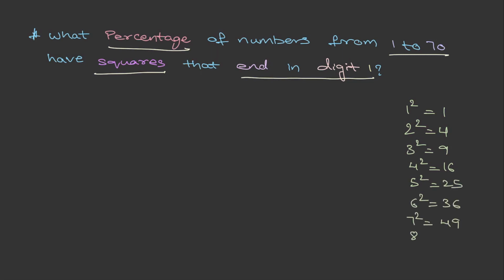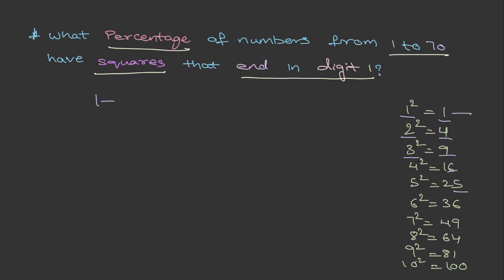Similarly, if we look from 1 to 10, after squaring the numbers, we are having end digits as 1, 4, 9, 6, 5.